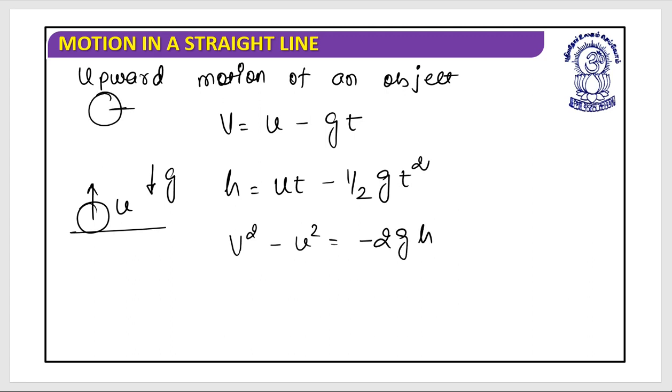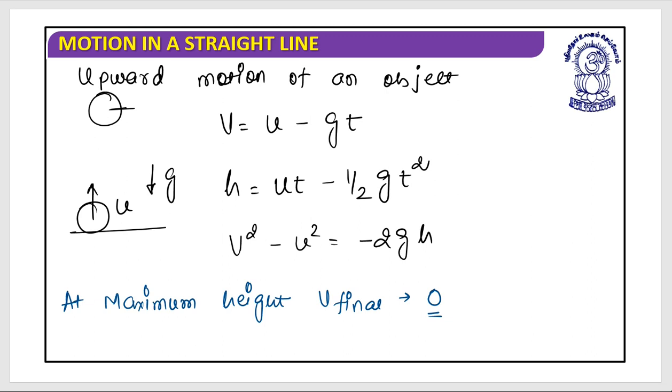And I know that at maximum height, v final would be 0.